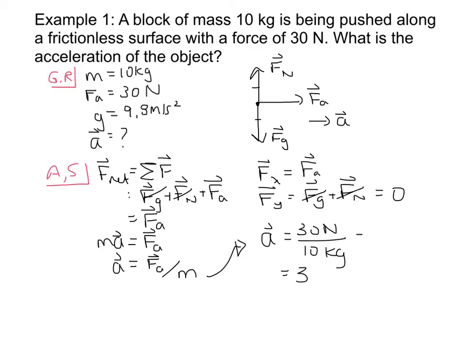And if you expand out the units, remember newtons is kilograms times meters per second squared. So what we're left with here is meters per second squared, which is what we should have because we are looking for an acceleration.